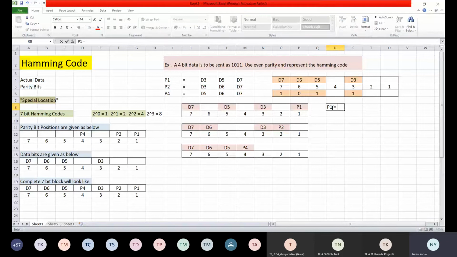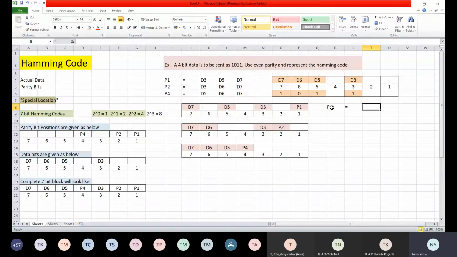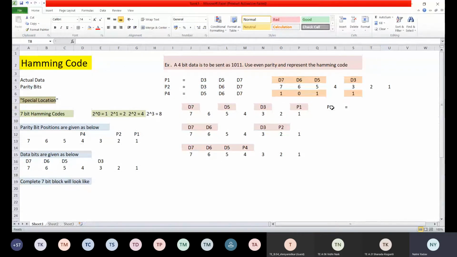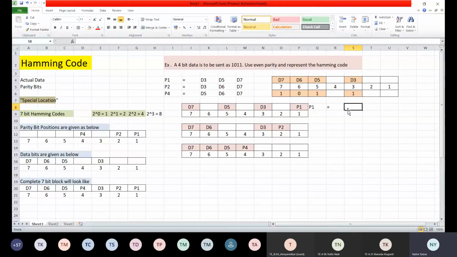Now calculate the bit P1 with the formula given above. Which bits are considered in P1? D3, D5, D7. Let's see, what is the bit at D3? D3 is 1.